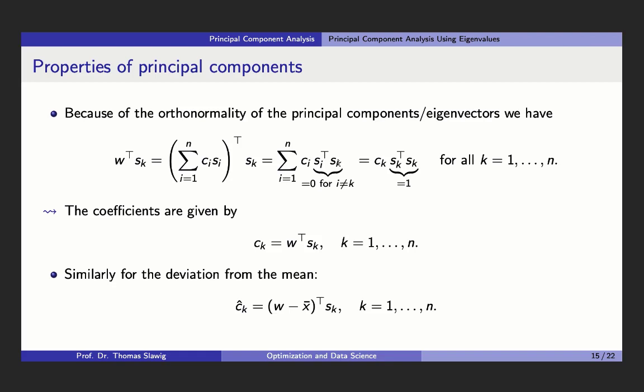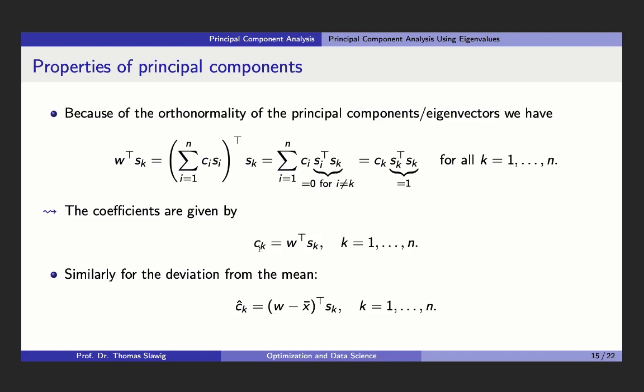I get the scalar product of two of these eigenvectors, but they form an orthonormal basis, so all of the terms in the sum disappear. Just the Sk that I have here is remaining, and this scalar product here is 1.